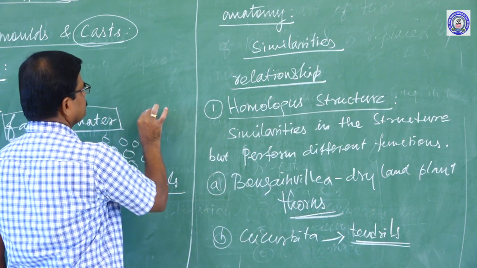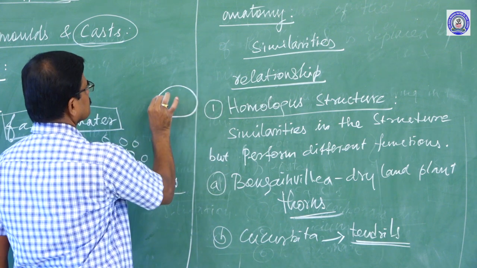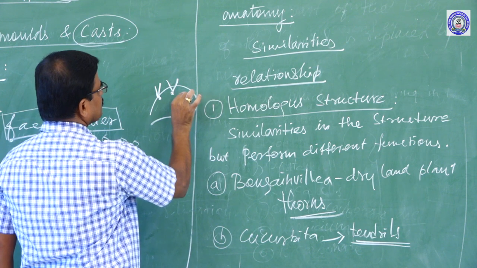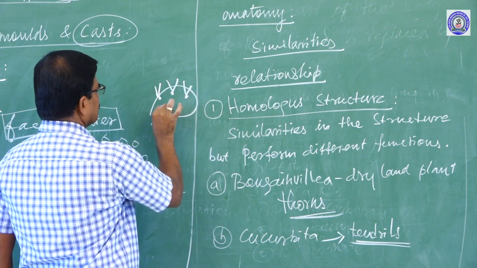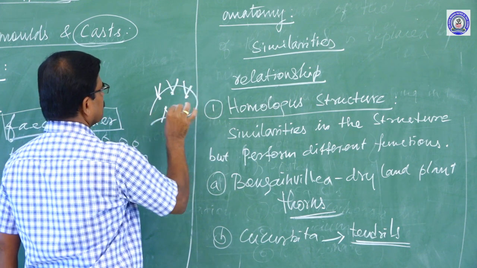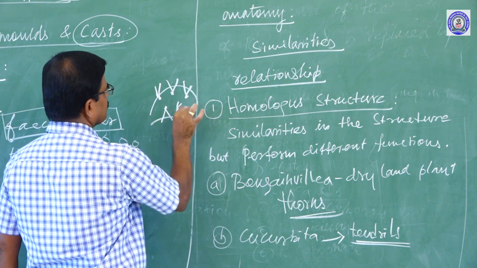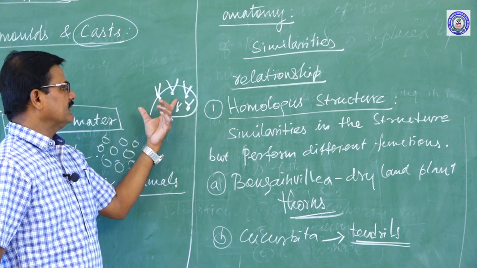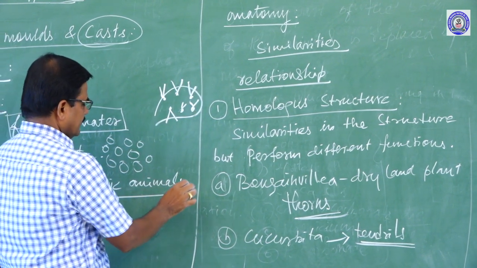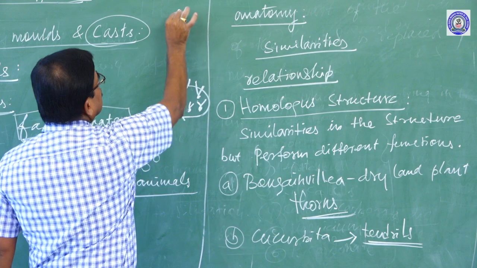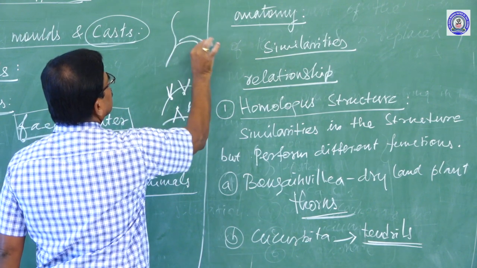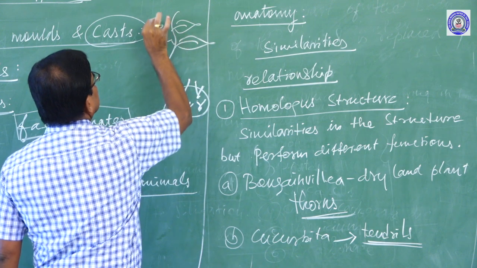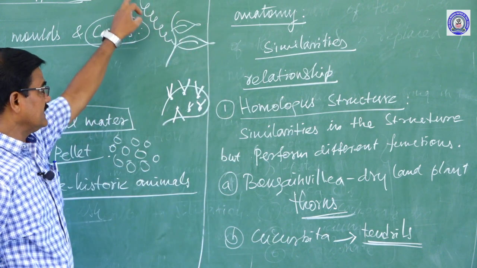Thorns, you know that. The dry land plant bougainvillea contains thorns. Then the cucurbita is a plant which has tendrils.